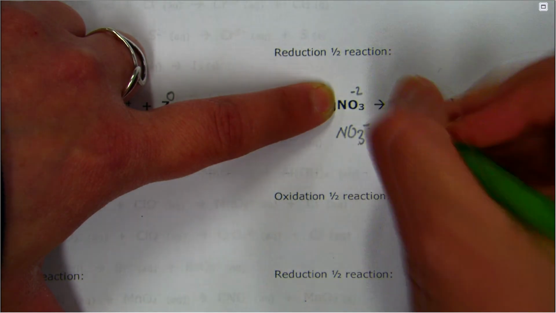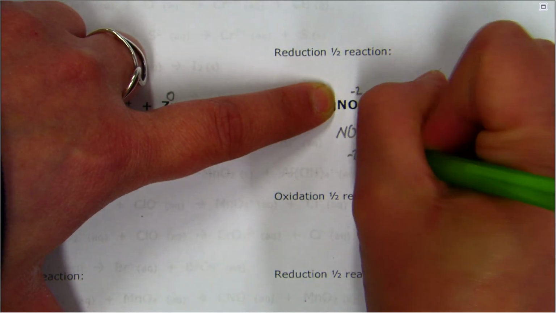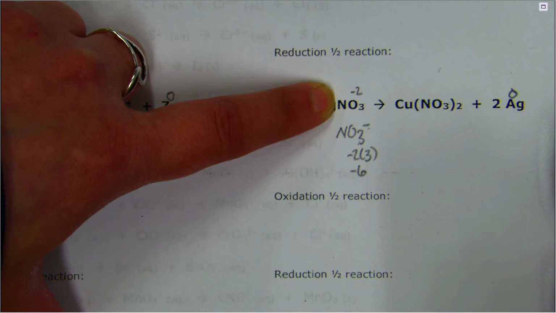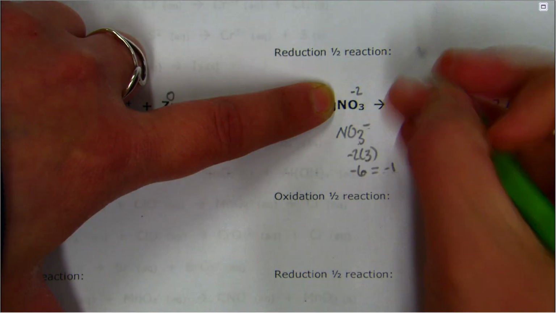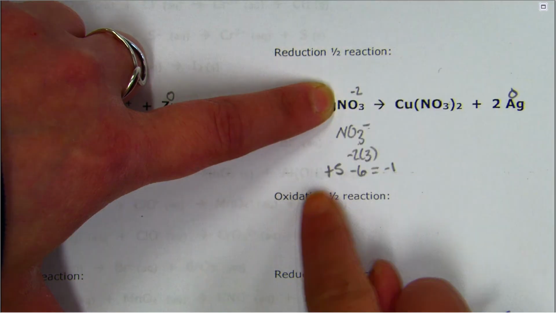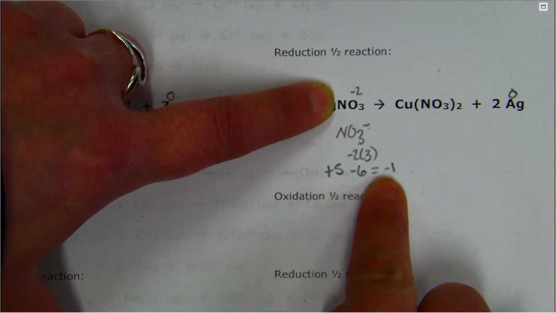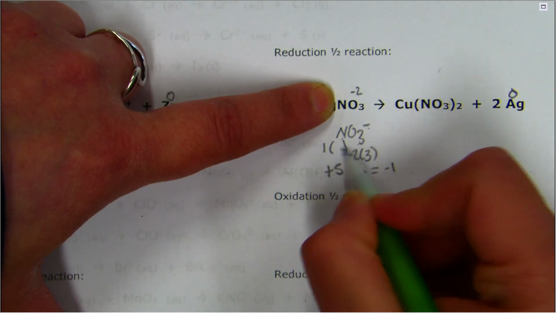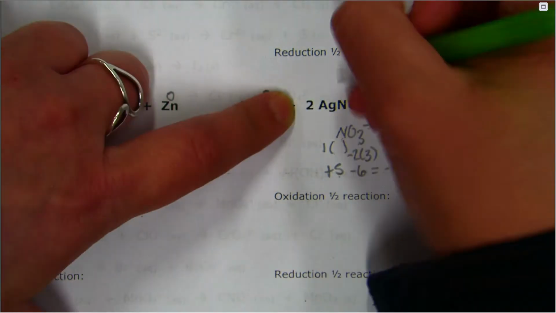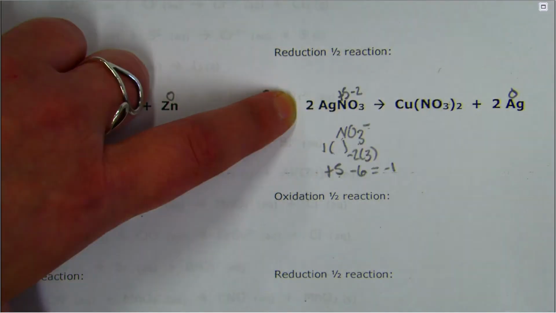I have 3 oxygens. So that is an overall -6. I need this to equal -1. So that means nitrogen must be a +5 because +5 and -6 is a -1. How many nitrogens do I have? 1. So what times 1 is 5? 5. So nitrogen is a +5.